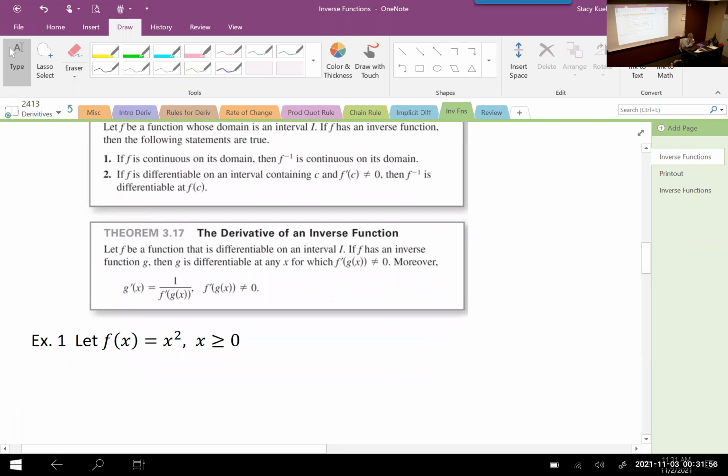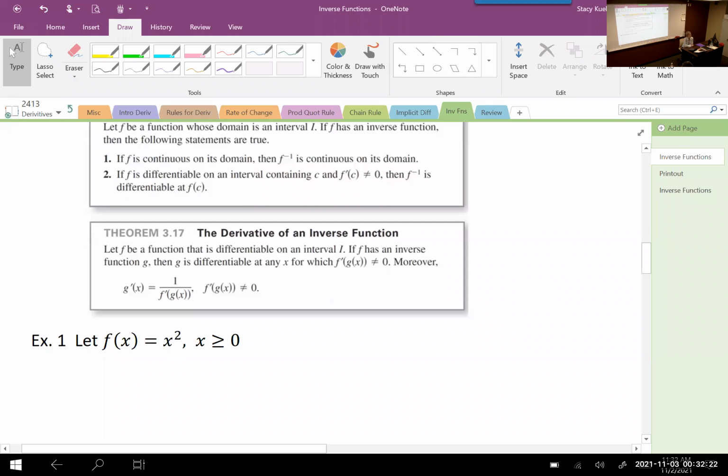So let's look at this example here. This says we're going to let f of x be equal to x squared, and we are restricting it to only be the positive values for x. Why do you suppose I needed to restrict it? Because it's not one-to-one, is it? It fails the horizontal line test for a quadratic, right?